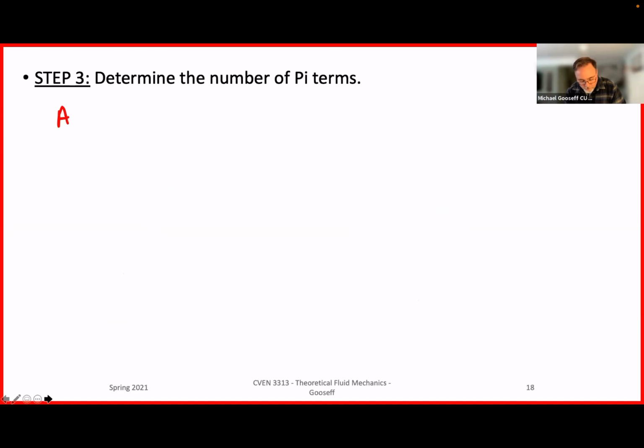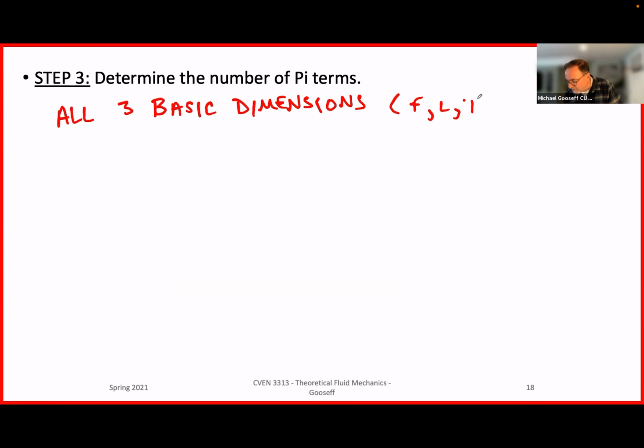So all 3 basic dimensions, and in this case it's F, L, and T, but of course you could have done M, L, and T as well, are required to define all of our variables.